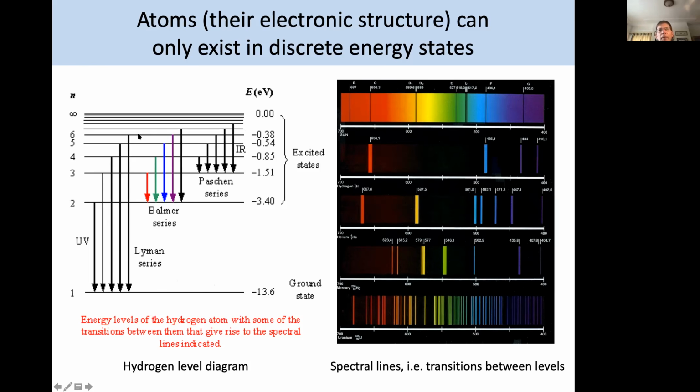If I make a plasma or an arc lamp of hydrogen, you will actually see lines that go from higher excited states to the ground state. These transitions, the Lyman series, are actually in the ultraviolet. You don't see them with the naked eye. The Balmer series and some of the Paschen series you actually see optically. Nothing new here. You've seen this, I don't want to dwell on it.